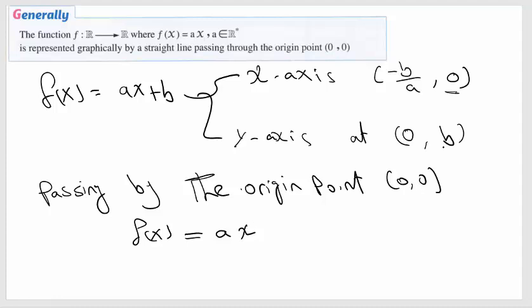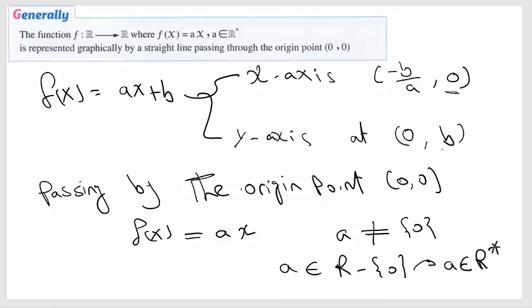Then the value of b is 0. Then I can write it ax plus b. And to make sure that it's a linear function, a can't be equal to 0. So we can say that a belongs to the set of real numbers except 0, or in other words, a belongs to R star.